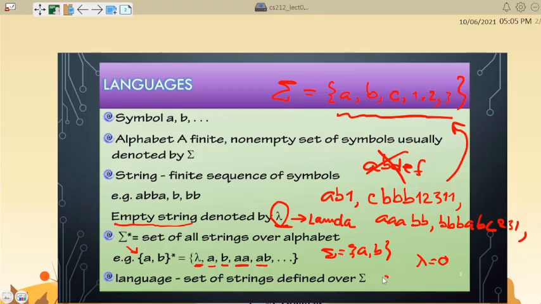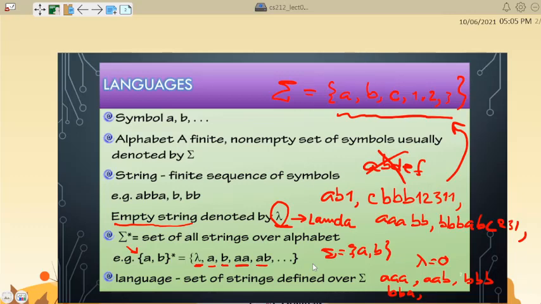B has length equal to 1. AA has length equal to 2. AB also has length equal to 2. For length equal to 3, we can have combinations between A and B. So we can have strings from length 0 to infinity.